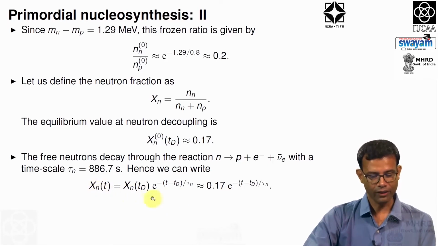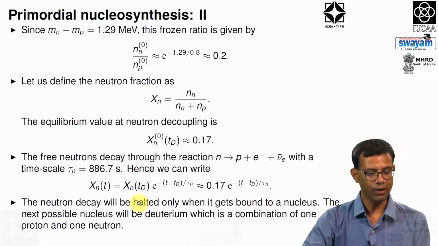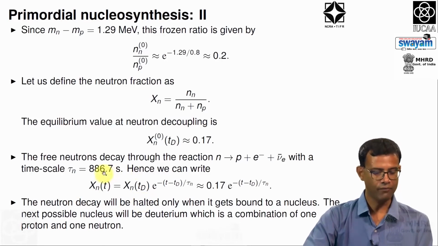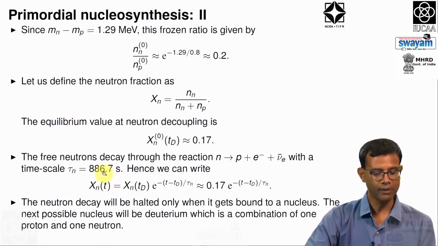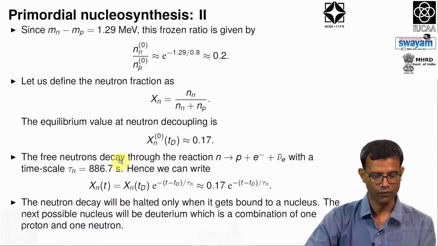The neutron fraction will be 0.17, which is the value at decoupling, times the exponential decay factor, with time counted from the time of decoupling, with a time scale of 886.7 seconds. Now, you can ask: if neutrons keep on decaying and every 900 seconds they become half, then by today you would not see any neutrons. All of them would have gone.